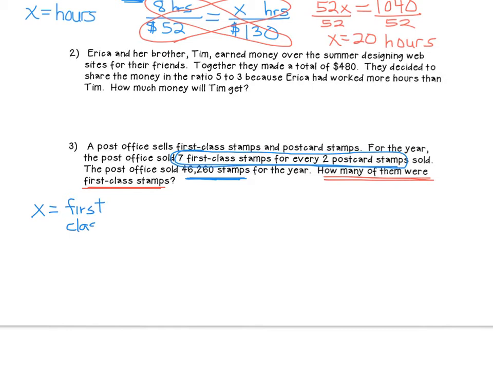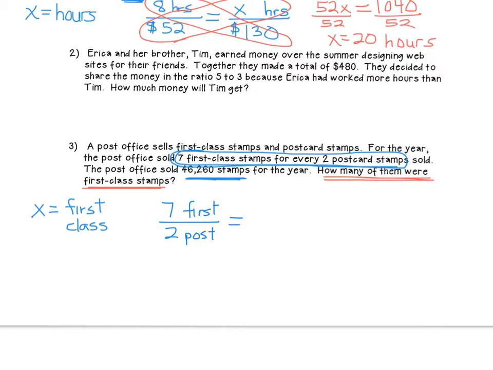I don't know how many first class stamps there are. How did I know that's my variable? Because that's the question. The question matches with the variable. All right, this is important right here, and it goes together. So here we go. There are 7 first class stamps for every 2 postcard stamps.